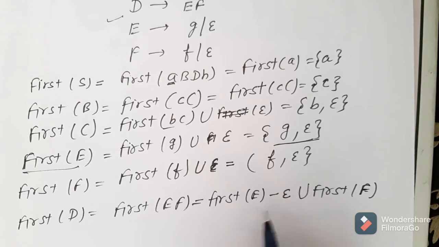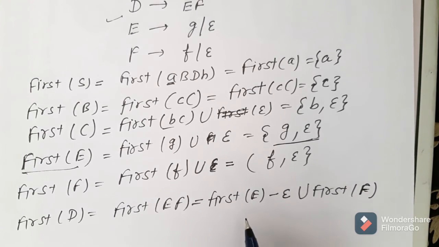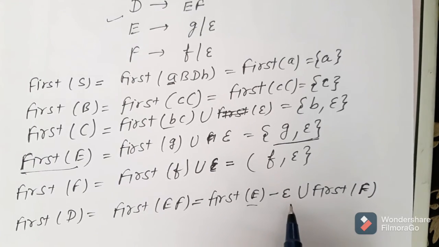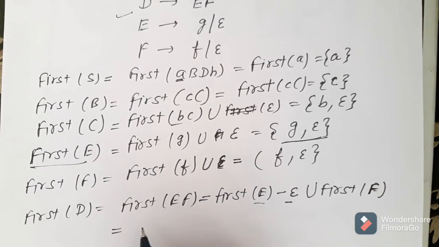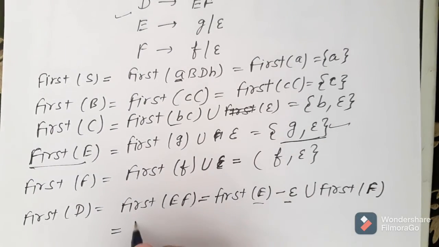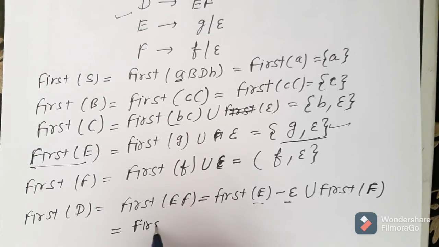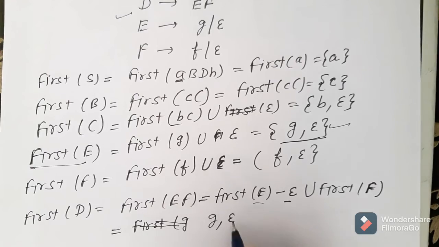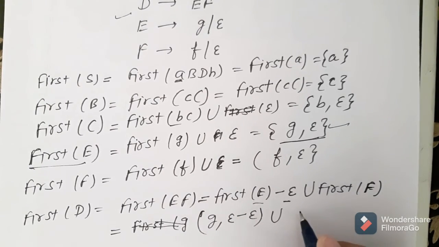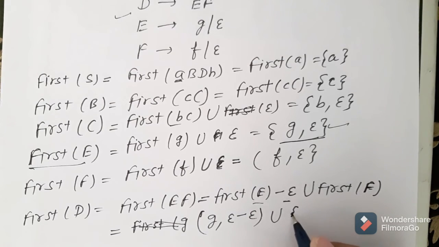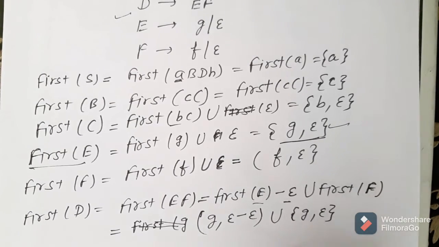If epsilon doesn't come, then I can write first of E directly, but here epsilon is coming, that's why I take here minus epsilon, then after this union first of F. Now first of E is G, epsilon, minus epsilon, union first of F. First of F is F, epsilon.